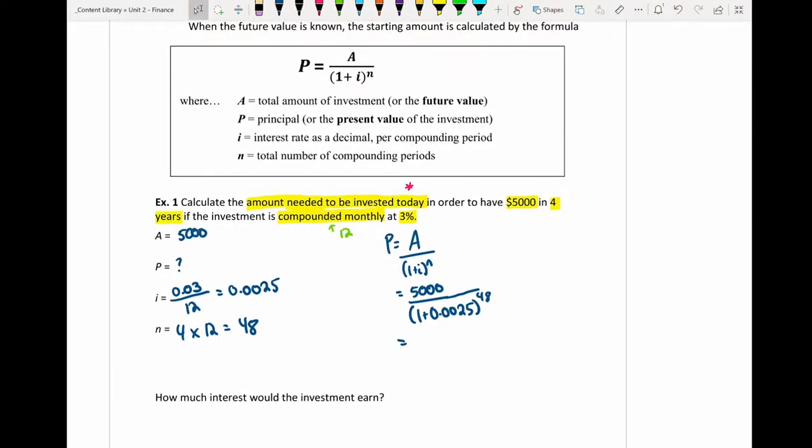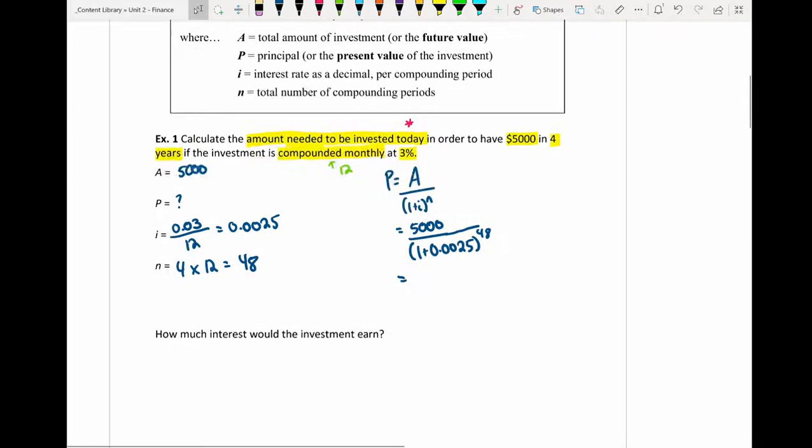And again, this just becomes a calculation now. If you want to do it in steps, I recommend splitting it up if you're not comfortable using your calculator. So it becomes 5,000 divided by 1.127, and try to keep a few decimal places.